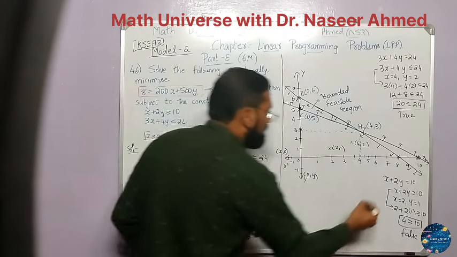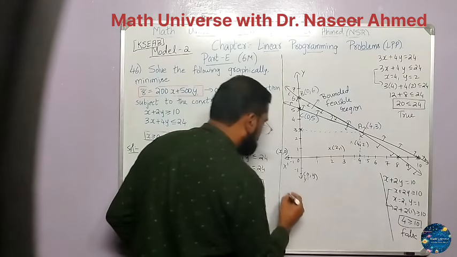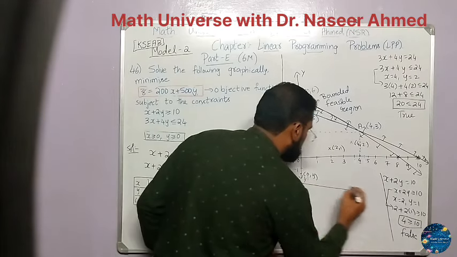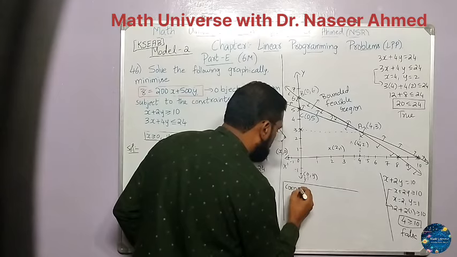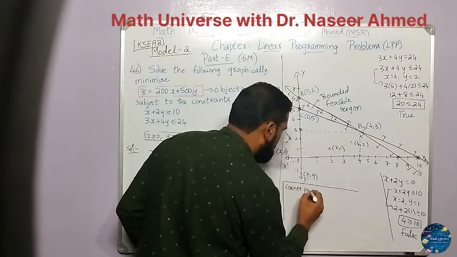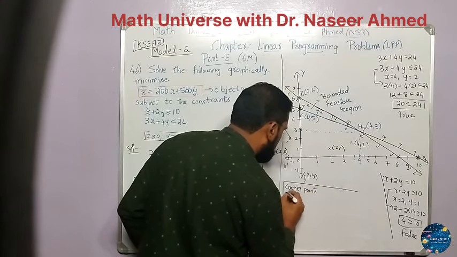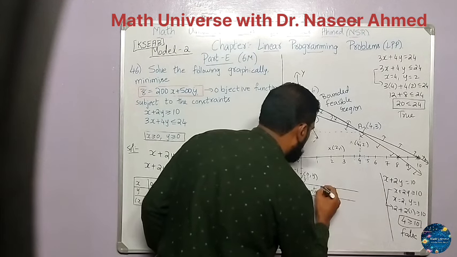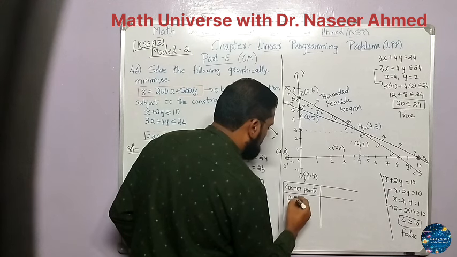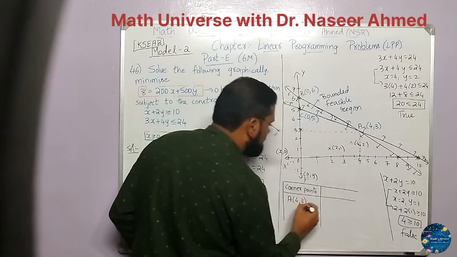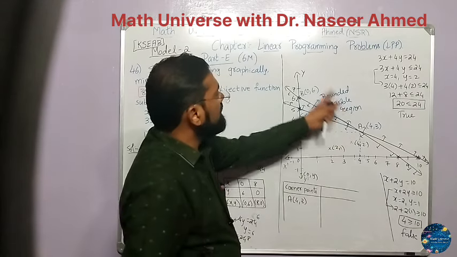So here we are going to have corner points, and the first corner point is A, 4 comma 3. And one more thing, there is no such rule that the points should be in this order only.